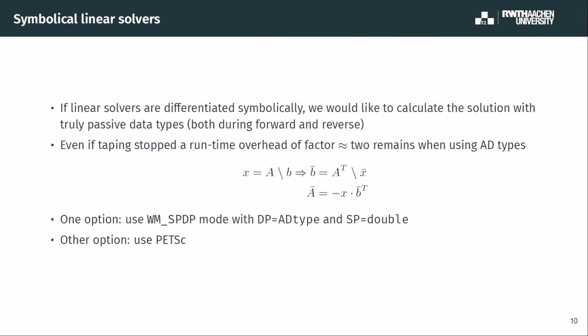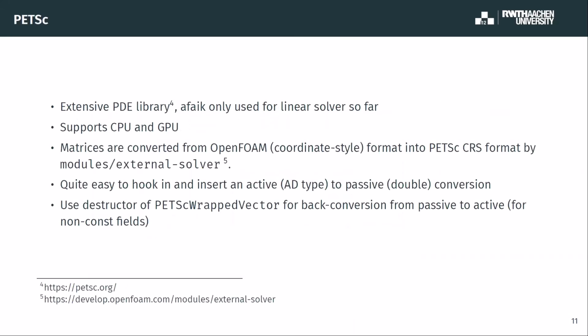I think there was a part which was in the single precision notation, but was still somehow part of an active calculation. So cutting that out was a little bit complex. Or my other option I came up with, just use PETSc, because of the way PETSc is hooked into OpenFOAM currently.